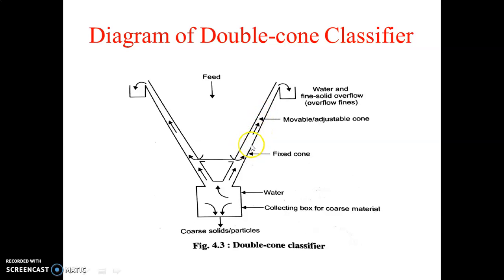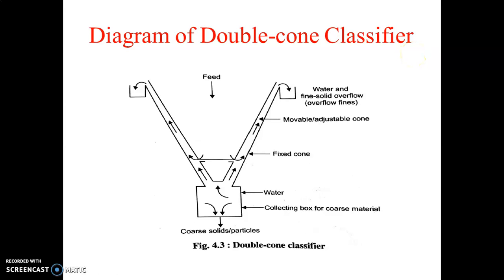The small particles or fine particles are carried away in the overflow, going in this direction, and the large particles or coarse particles settle at the bottom and can be removed from this collecting box. In this way we can separate solid material of different sizes. So this is the construction and working of the double cone classifier.